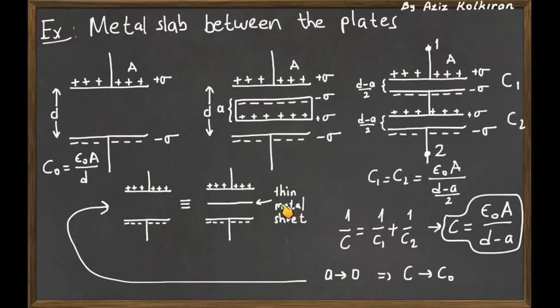Just insert a thin metal sheet anywhere in between, as long as the slab or metal sheet is parallel to the capacitor's plates, then there will be no difference between the capacitances of each configuration. So this is a very important fact, and we will use this fact in solving problems with capacitors having different dielectric constants in between.